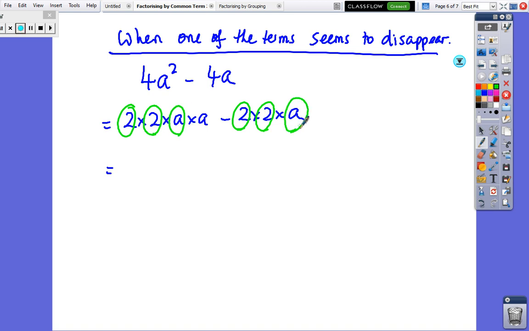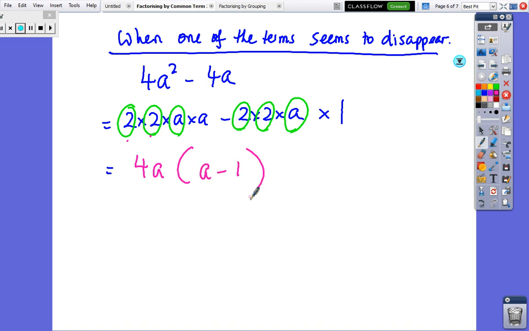Now what happens is, in one of the terms you've circled all of the factors, but you have to leave something behind, and so what we do is we just add a 1, because 1 doesn't change it. And then the final answer is 2 times 2 is 4a bracket a minus 1.